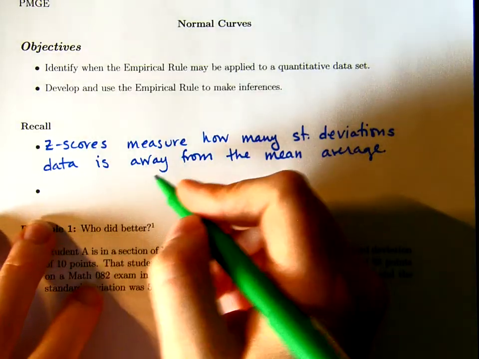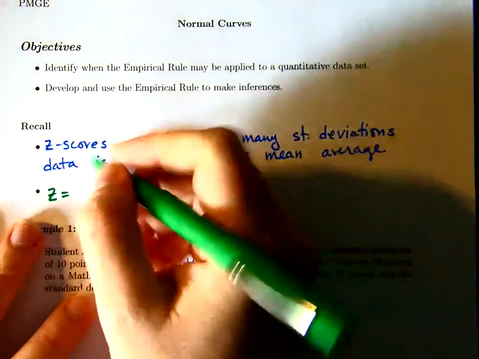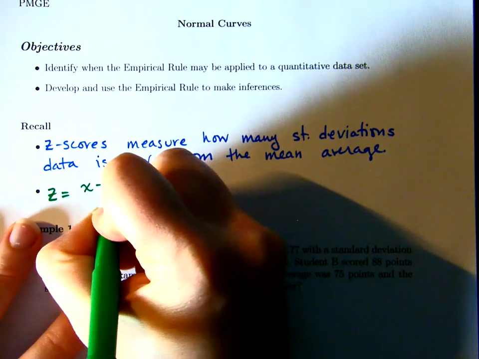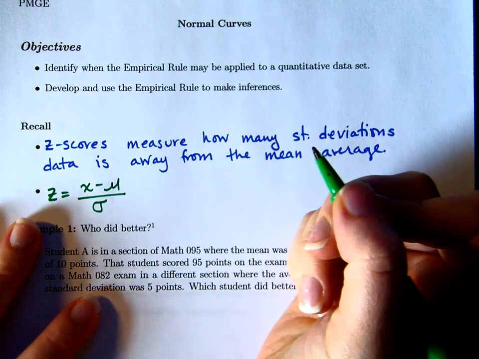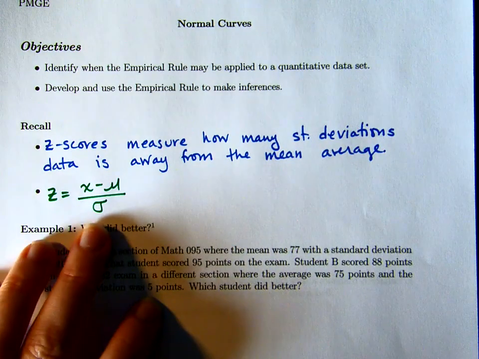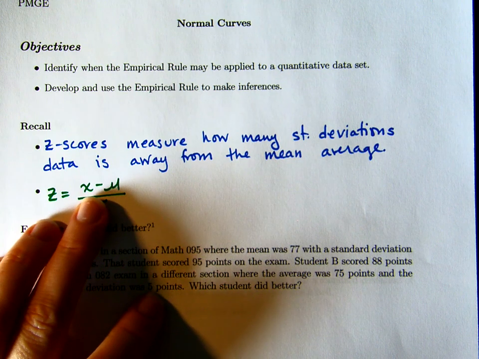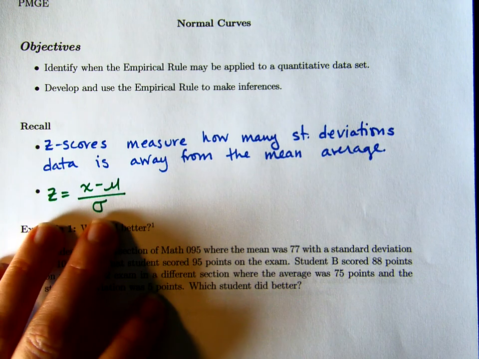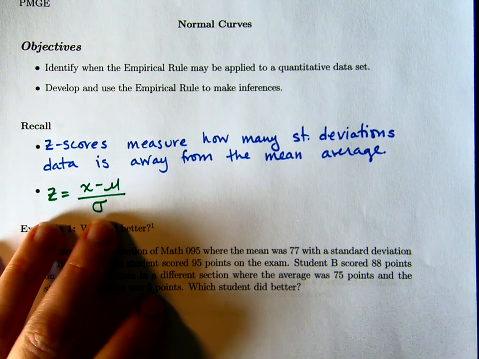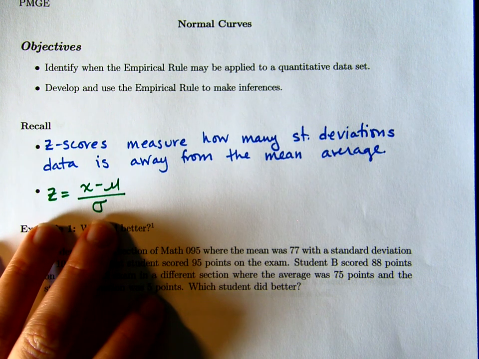But the Z-score has a formula. So recall that Z is equal to, or you could just ask your teacher because you know that they're legit when it comes to math, the difference between the data value and the average, and how many times the standard deviation goes into that difference. So that tells you how many standard deviations a data value is away from the mean.